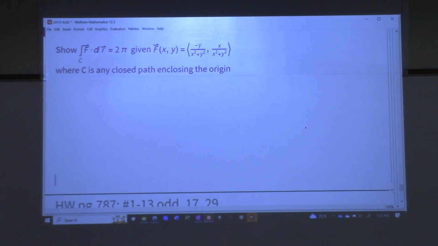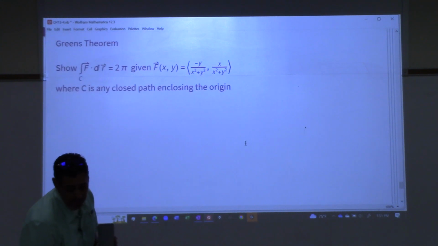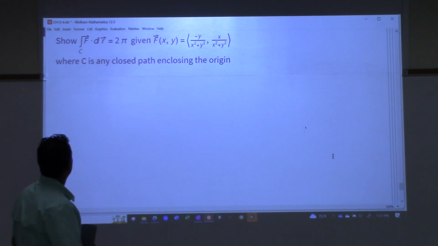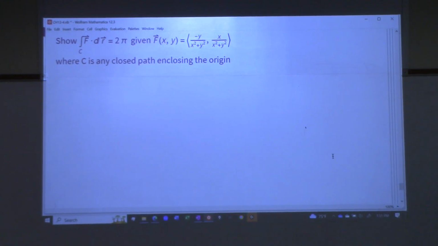Does anyone have any comments on this? Anything that's glaring, that's different and very strange? What's different about this problem compared to any other problem I've given you up to this point? C. What's wrong with C? C has to be what?